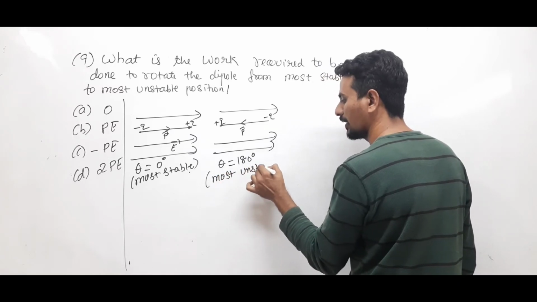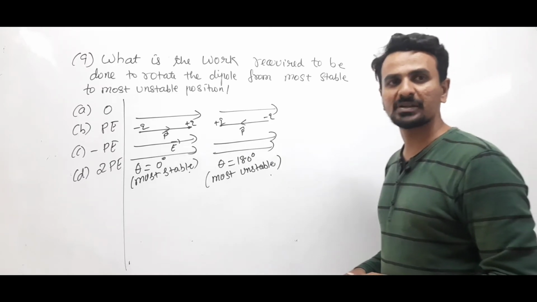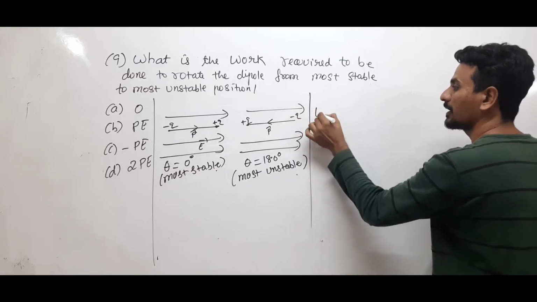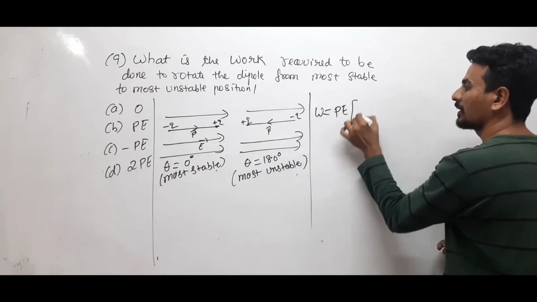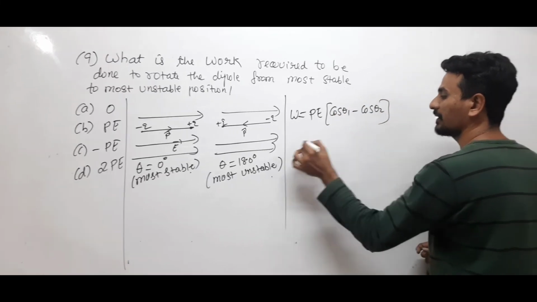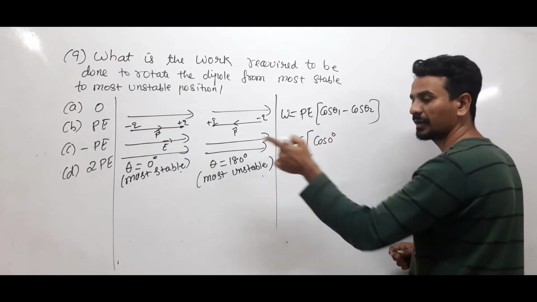Right? Okay, so the question says what is the work required to be done. So we have to calculate the work done. The formula to calculate work done will be PE (cos theta 1 minus cos theta 2), right? Substitute here PE (cos 0, theta 1 is 0.